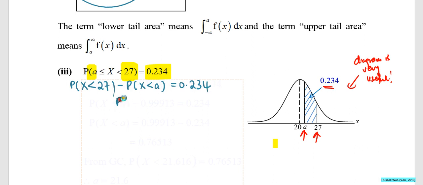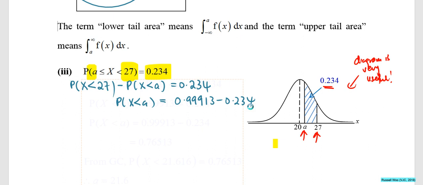So you have probability X smaller than A. What I will do is, I bring this over, calculate by GC. This must be equal to 0.99913 minus 0.234.